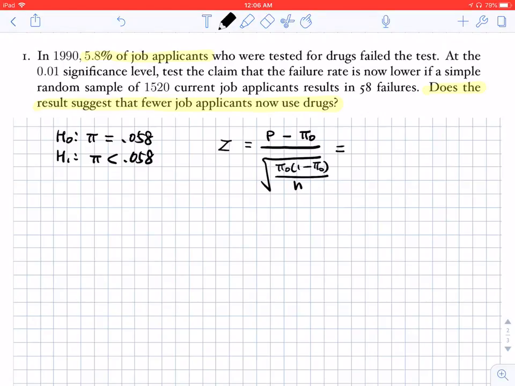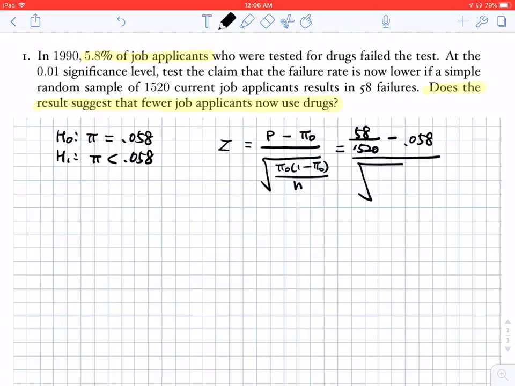So in this case, we observe 58 values in a random sample of 1520. So p itself is 58 divided by 1520. Pi 0, we know, is 0.058.